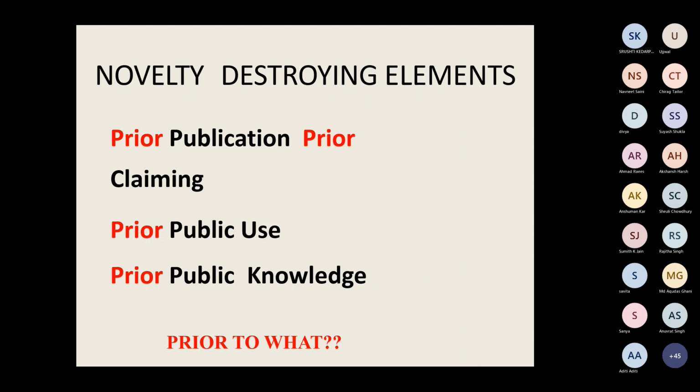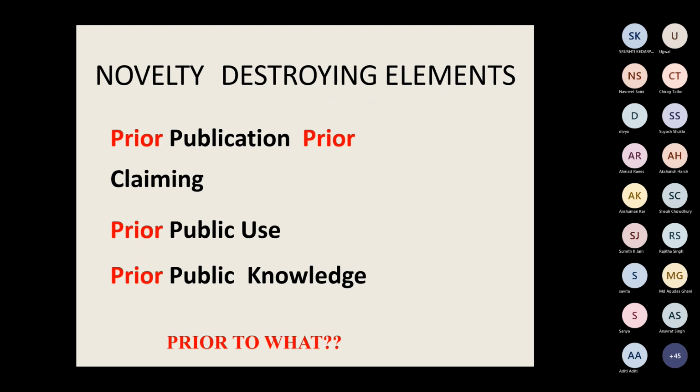Some features must be there in every car. So I cannot claim the whole car, but I need to identify what new I am doing in that. And then I will let the examiner know that, okay, only this is the new part, and I want to claim this part. That will form a part of the claim.